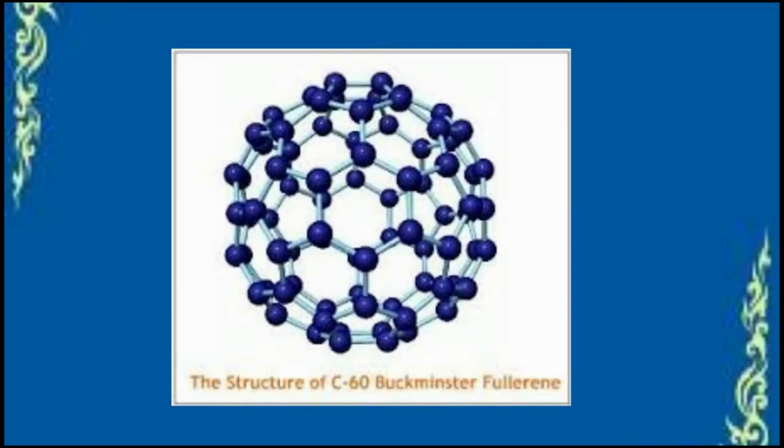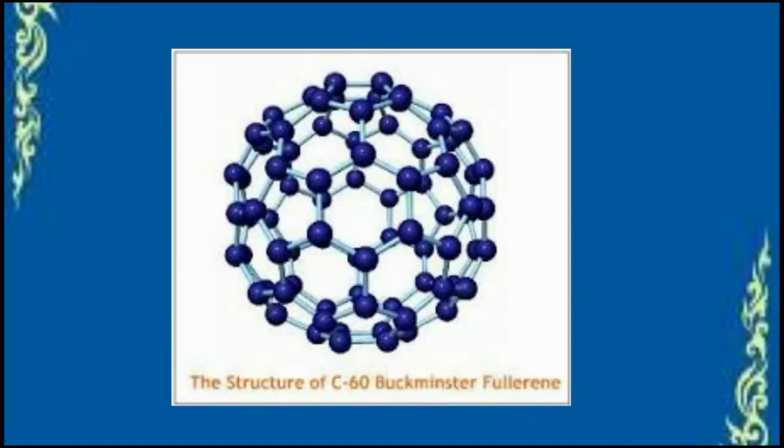One structure that's kind of special, at one point they knew there was a structure with 60 carbons, but they couldn't really figure out the shape. And one man named Buckminster Fuller was able to discover this shape, and it's called the Buckminster fullerene. And so if you look at it, it looks like a soccer ball.